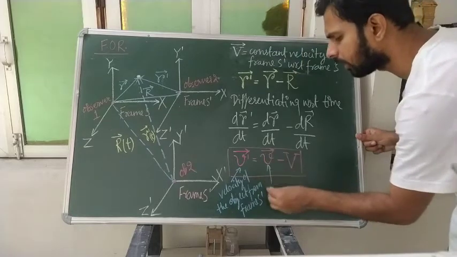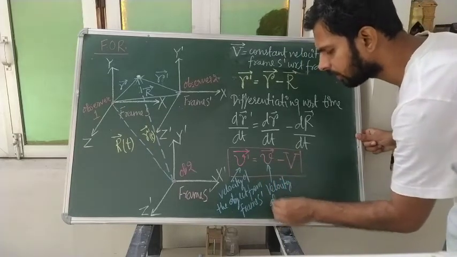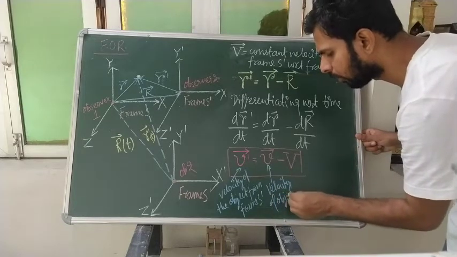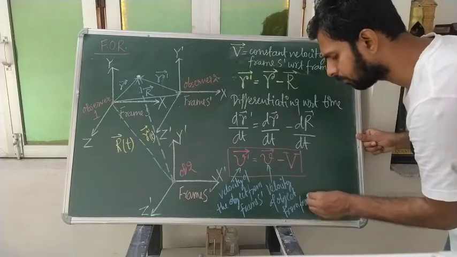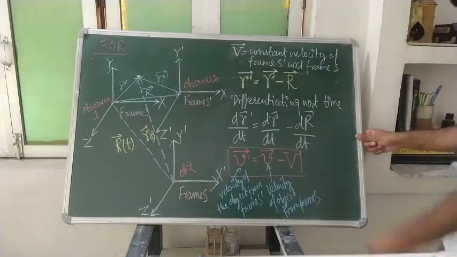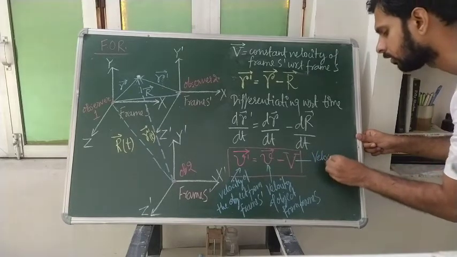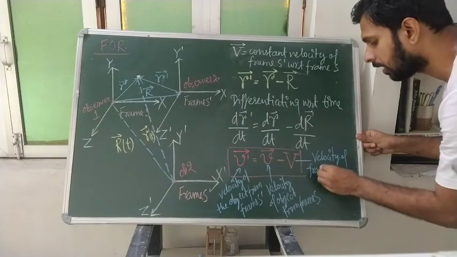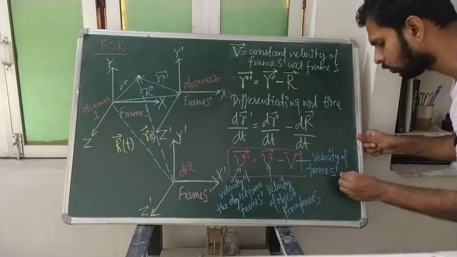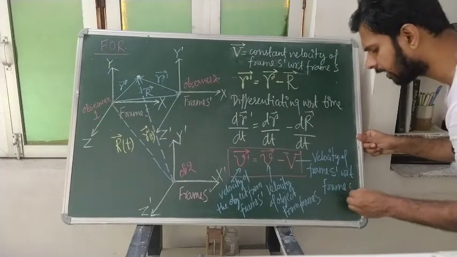It's the velocity of the object from frame S minus the velocity of frame S prime with respect to frame S.